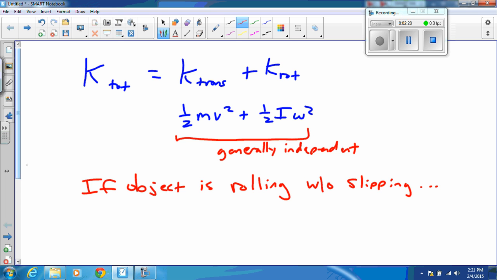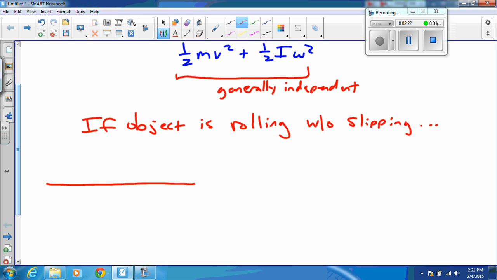If the object is rolling without slipping, then what happens is that points on the circumference of the object roll along and grab the surface that they are rolling on.